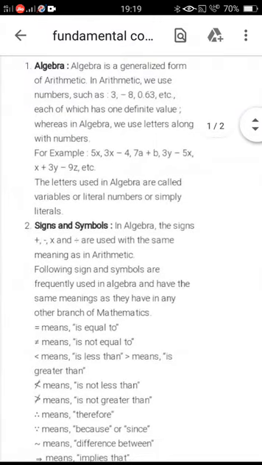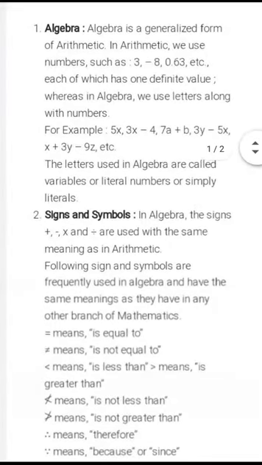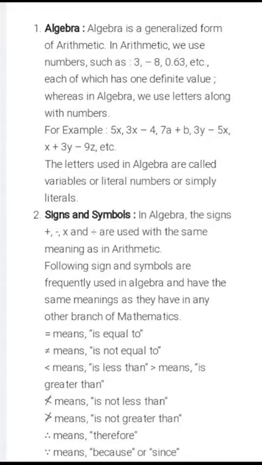In the fundamental concept we use some signs and symbols. In algebra the signs plus, minus, multiply and divide are used with the same meaning as in arithmetic. The same way we use these signs in arithmetic, we use these signs in algebra also.